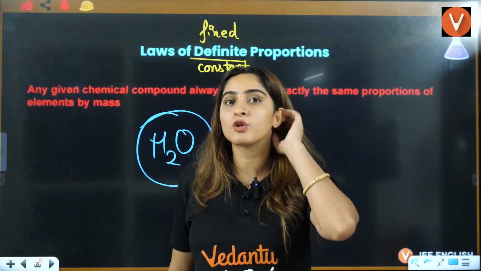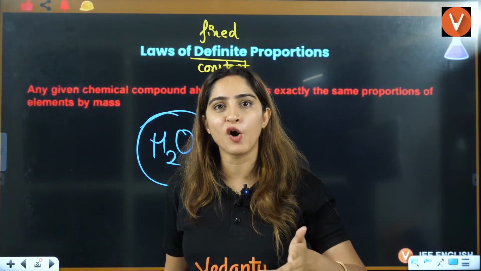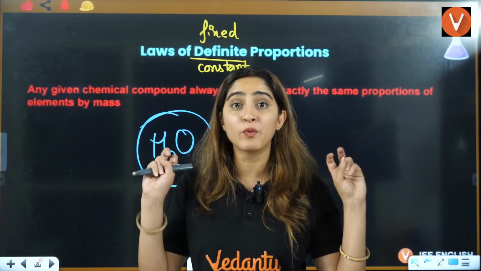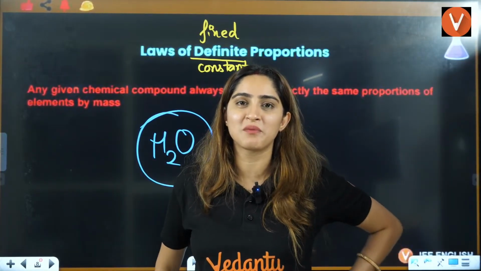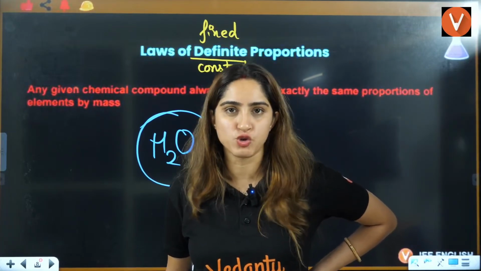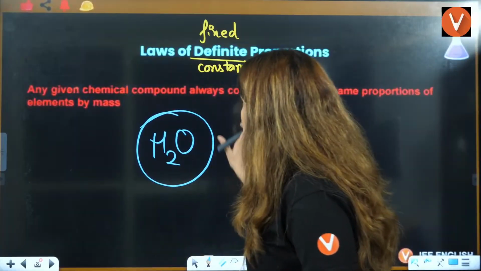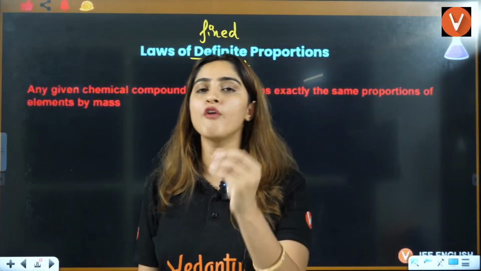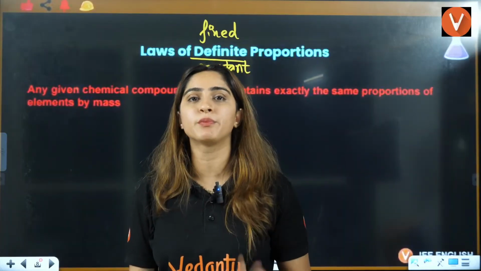No matter how many other waters there are in the market, advertised by these big industries, water is water, that is H2O. This is what I am saying, that is called the law of definite proportion.